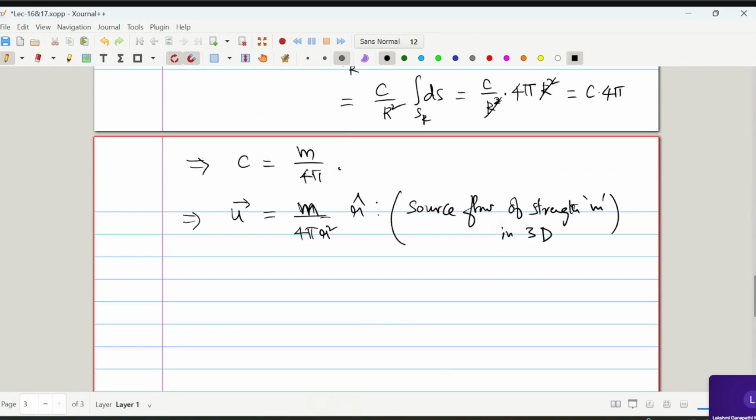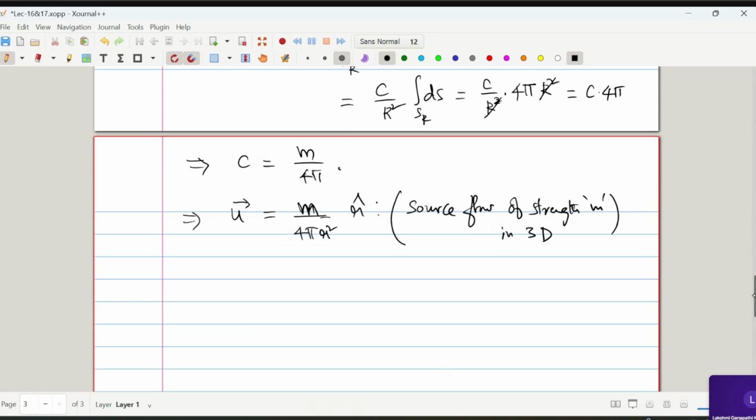Now what else does it need to satisfy? We have shown that del dot U equals 0, right? Why del dot U equal to 0? Because incompressible fluid, sir.